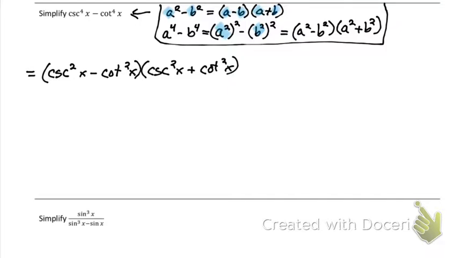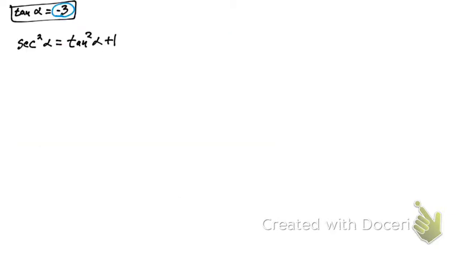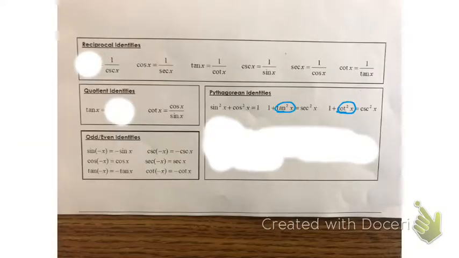Anytime I see something squared, sine, tangent, cotangent, cosine, cosecant, anything squared, I'm going to immediately think, maybe this deals with my Pythagorean triples. So we look at our Pythagorean triples and find one that has both of those values in it.